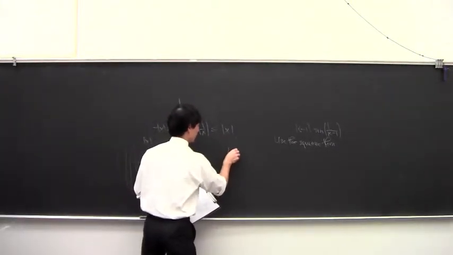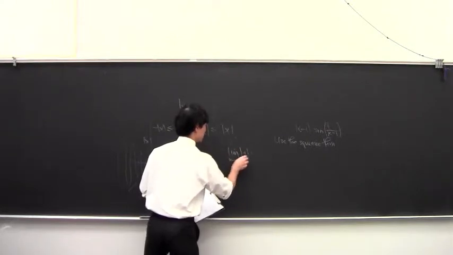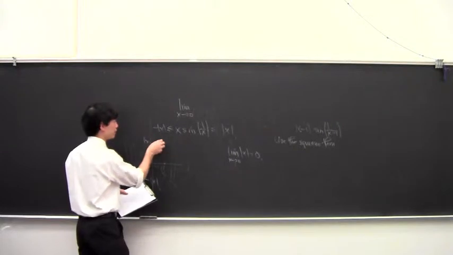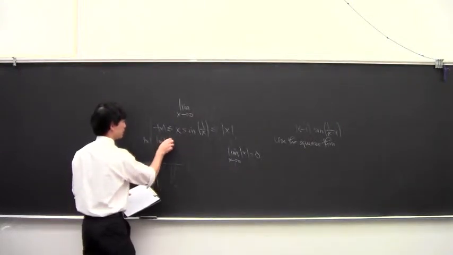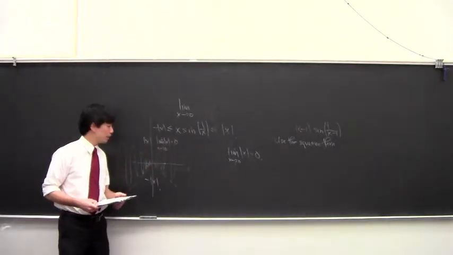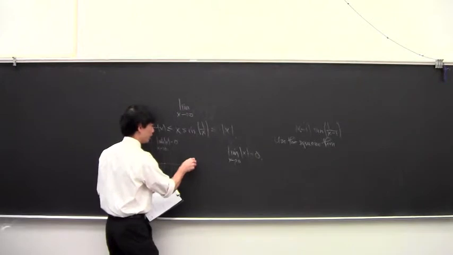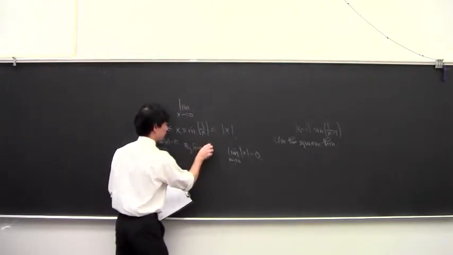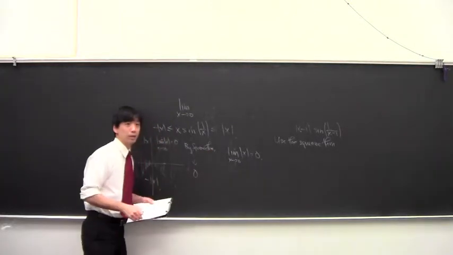We know that the limit of the absolute value of x as x goes to 0 is 0, and this is negative that, so the limit of this one is also 0. So this thing is trapped between, and by the squeeze theorem, this thing also goes to 0.